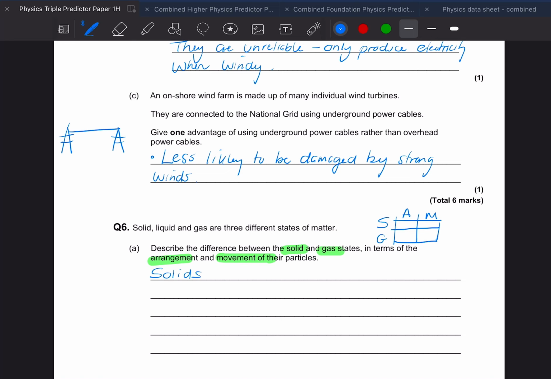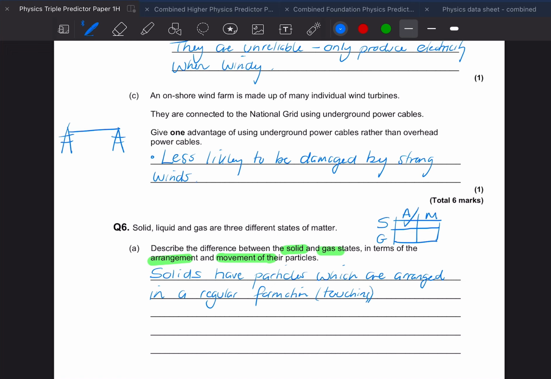Let's talk about the arrangements. Solids have particles which are arranged in a regular formation. And we should also say that they are touching.